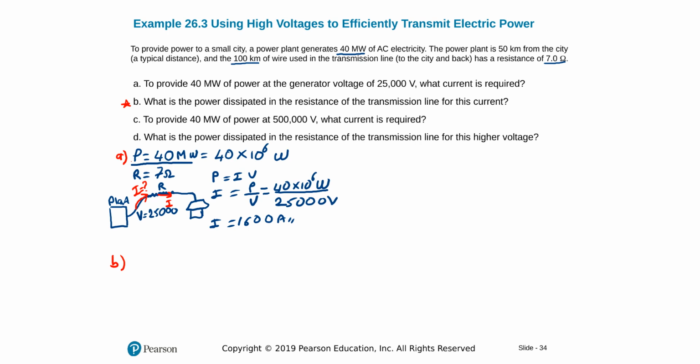And we can easily calculate that, right? We know current, we know resistance. Power is equal to also I squared R. We have this equation. So 1600 amperes squared times 7 ohms is our answer here, and this power will be 17.9 times 10 to the 6 watt.